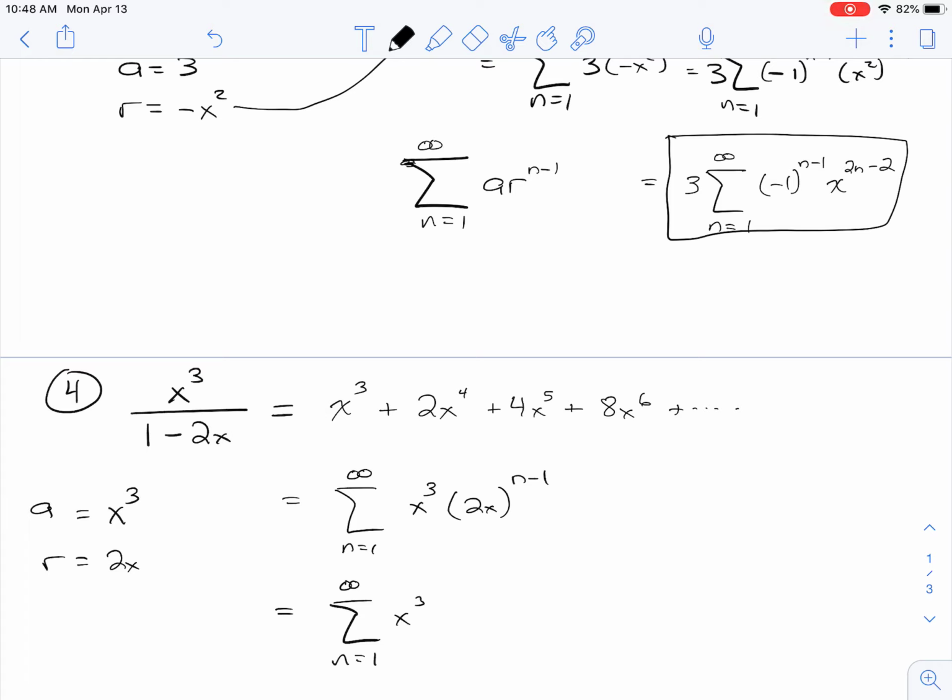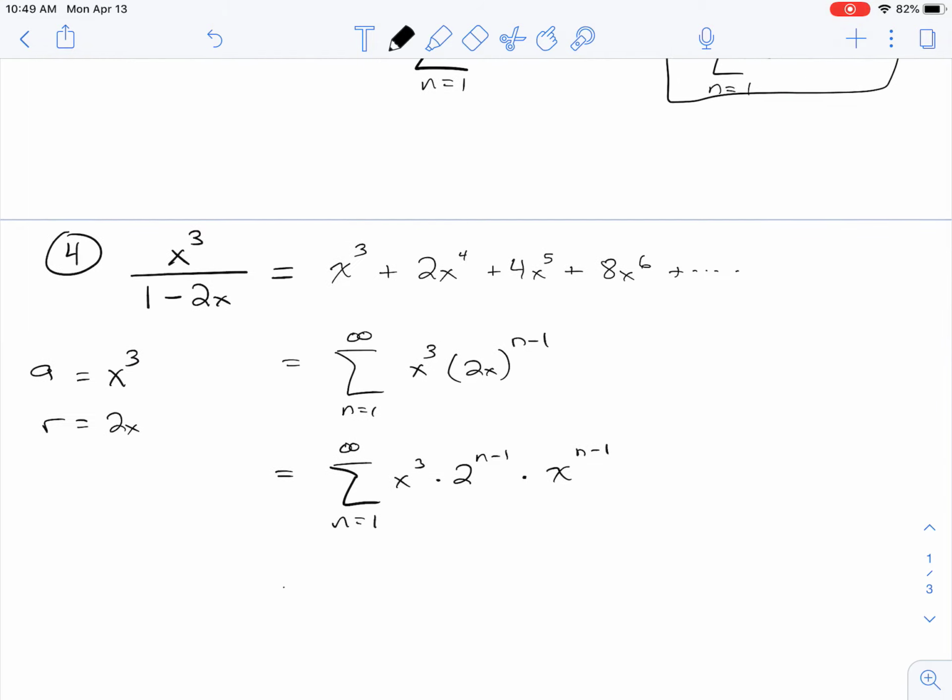So I've got x cubed, then I've got 2 to the n minus 1, then I've got x to the n minus 1, and I can combine the x's together anyway. So you get 2 to the n minus 1, and then x, when you multiply these two together, you add the powers. So this is x to the n minus 1 plus 3, so n plus 2.